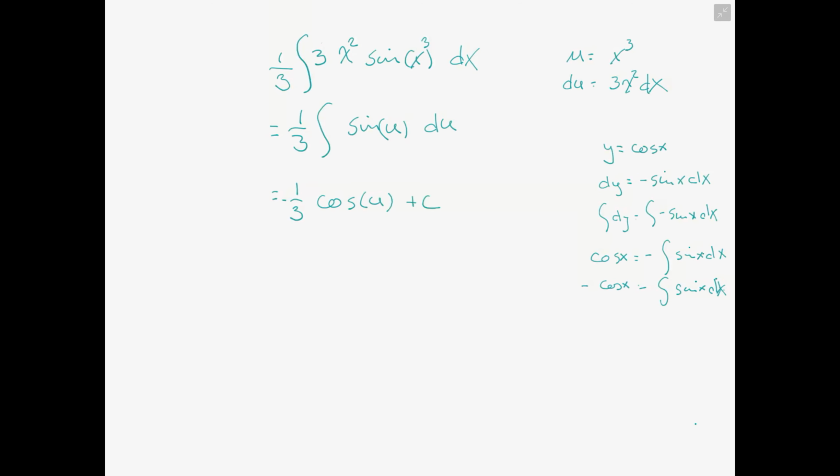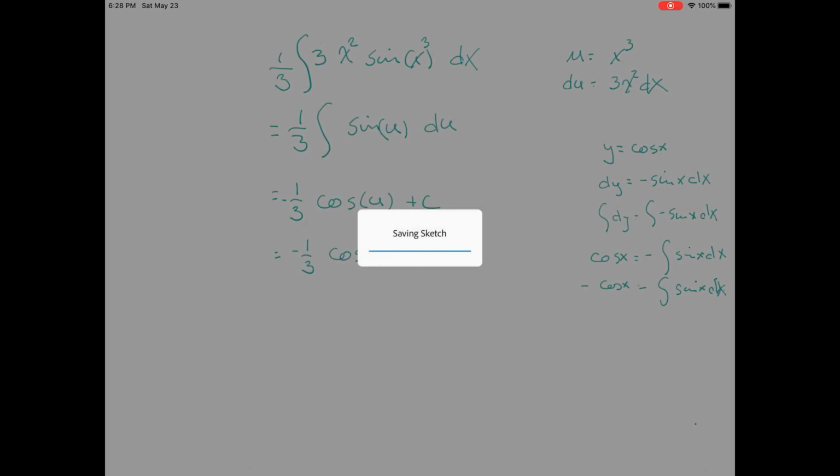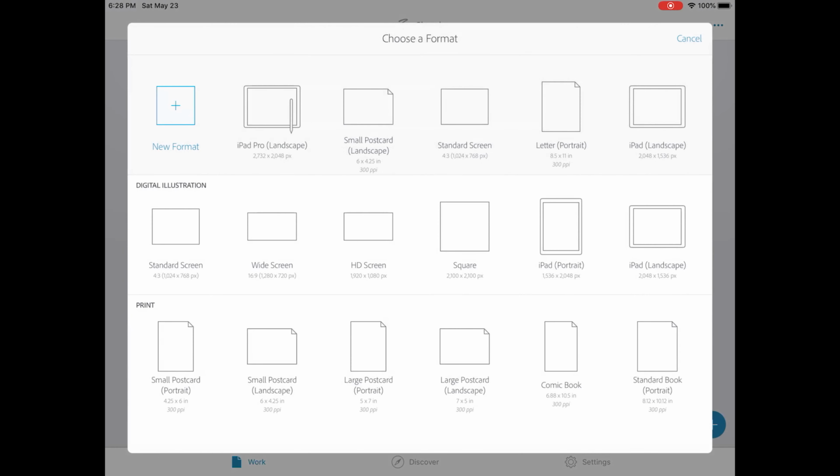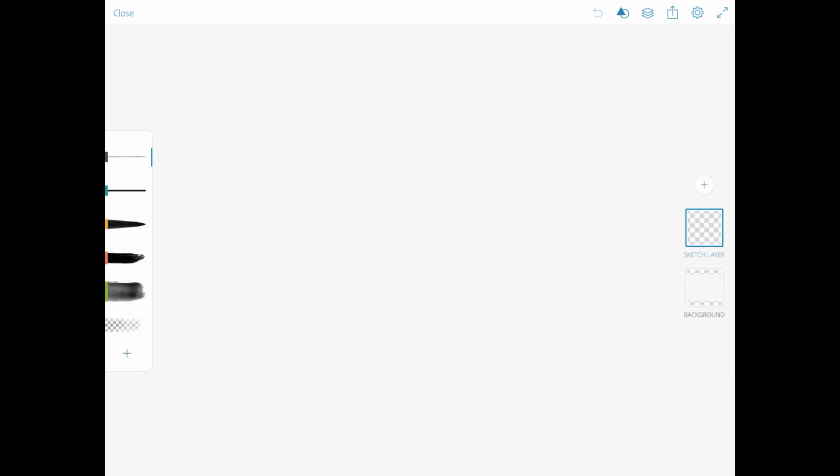So here we have 1/3, or minus 1/3 cosine of u plus c. And that is equal to minus 1/3 cosine of x cubed plus c. And that's our answer.